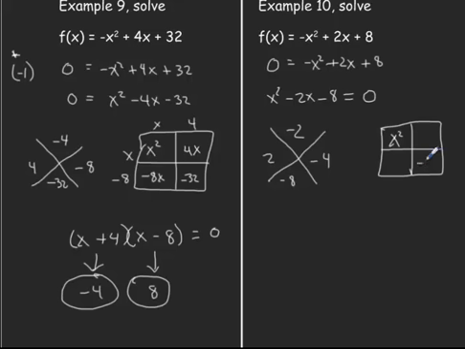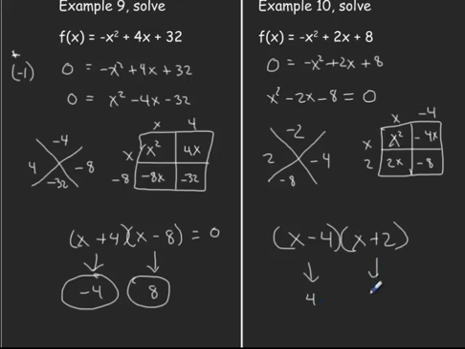Negative 8 here. 2x and negative 4x. Greatest common factors of x, negative 4, x, and 2. This gives me an answer of 4, and this one, negative 2.